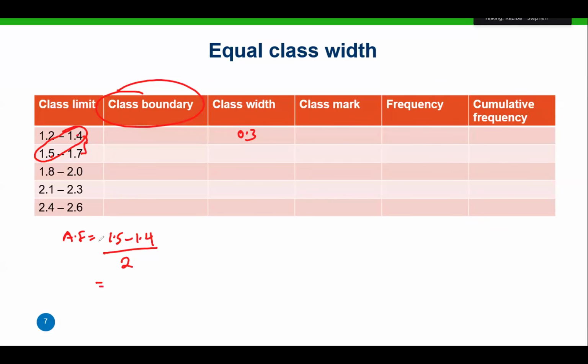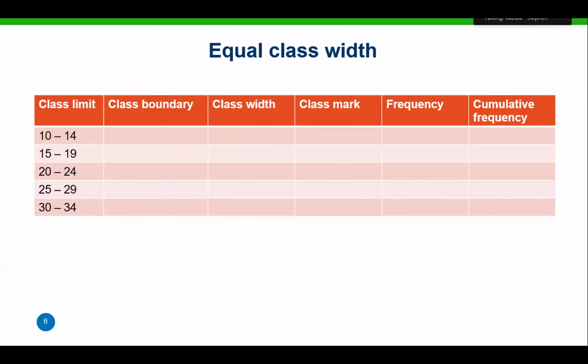The answer you get shows what you will subtract and add on your class boundary. Here it is 0.05. So you say 1.4 minus 0.05 to 1.4 plus 0.05, and then you continue. If you don't know how to get it, just take these two consecutive values.